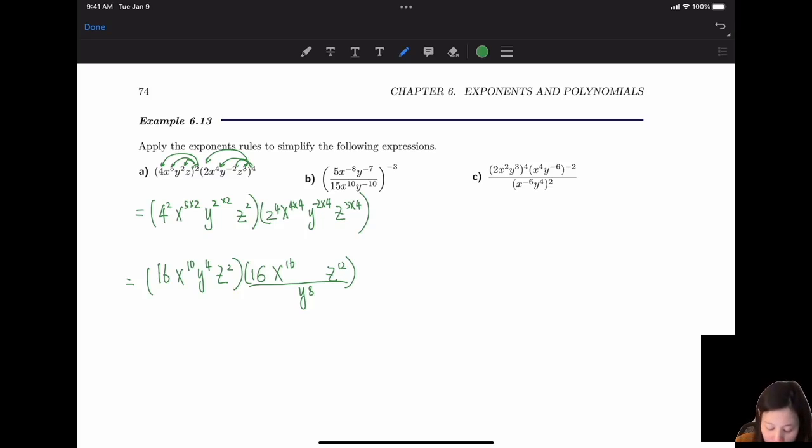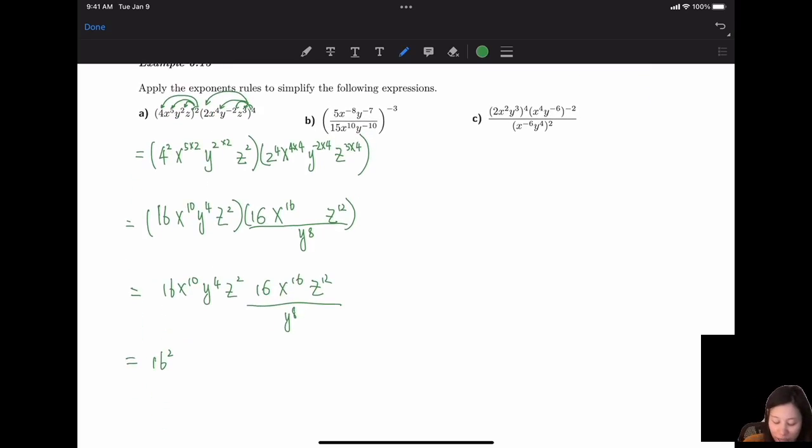Okay, so let me rewrite this nicely. We have x to the 10th, y to the 4th, z to the 2nd, 16, x to the 16th, z to the 12th, over y to the 8th. Now we merge the like terms together. 16 times 16, I don't know, equals what? Use your calculator. It's 16 squared. And now x is 10 plus 16. Multiplication means you need to add the exponents.